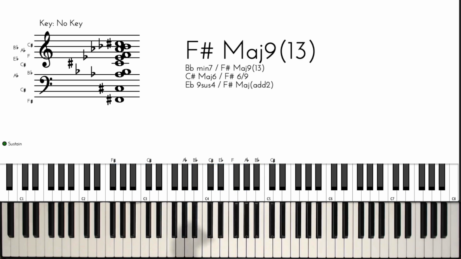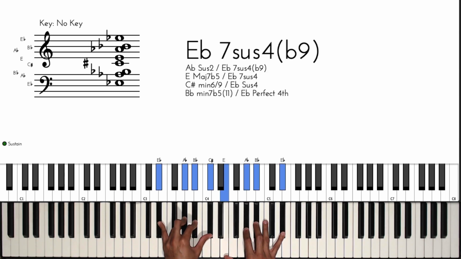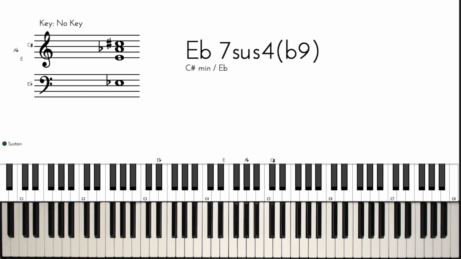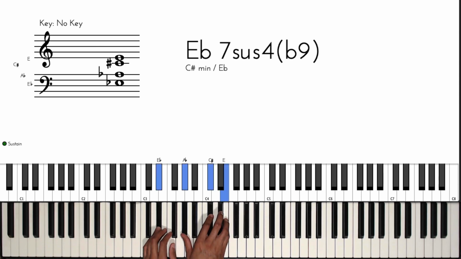Now the last chord is actually a 5, but it's voiced in this way. E flat 7 sus 4 flat 9. It's a little bit confusing, but all I'm playing here really is a minor 4, right, which is a C sharp minor, over a 5. That gives us this chord, right?